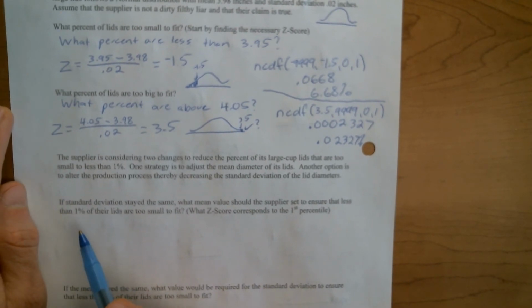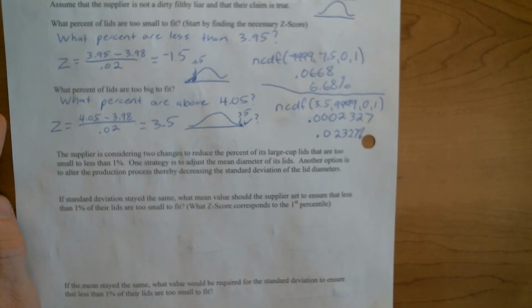Let's actually look at the problem here. If the standard deviation stayed the same, what mean value should the supplier set to ensure that less than 1% of their lids are too small to fit? What z-score corresponds to the first percentile?